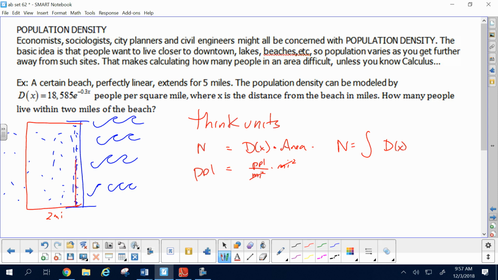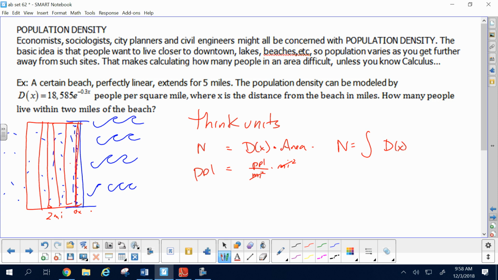Now, each of these little rectangles has a totally different density, actually. What's the area of each rectangle? dx is perfect. Is dx this distance or this? This guy, what is this guy?